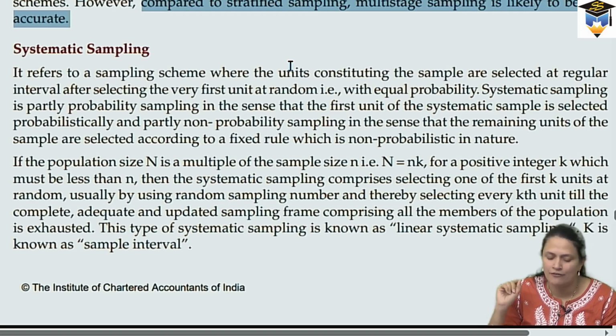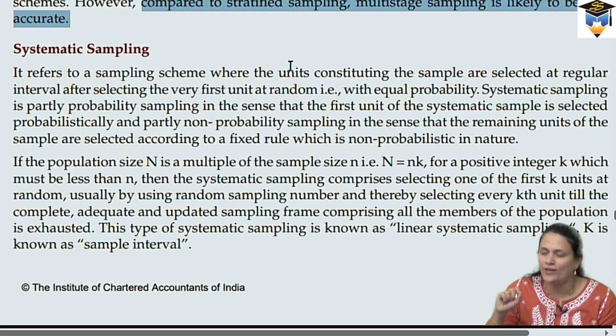I'll repeat: if a researcher wants to sample 200 customers from a list of 1000, they might select every fifth customer after randomly choosing a starting point between 1 and 5.